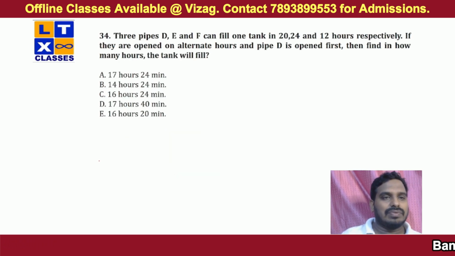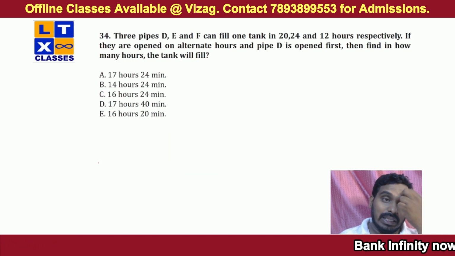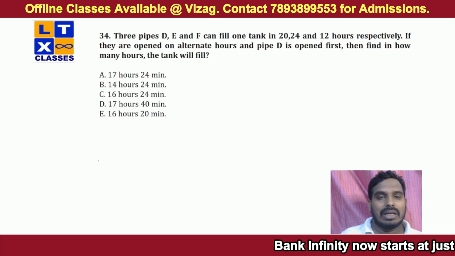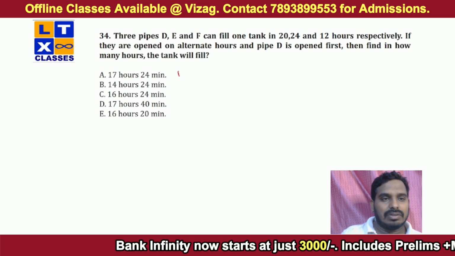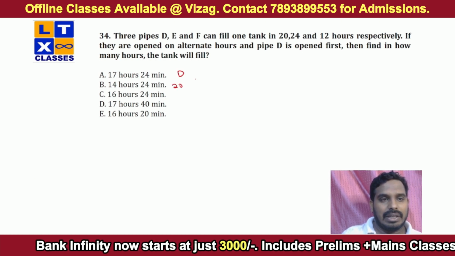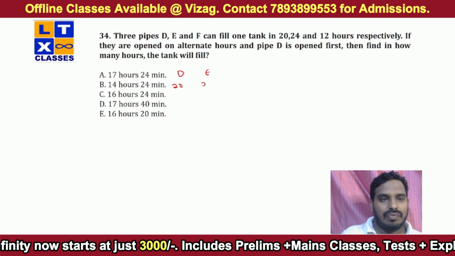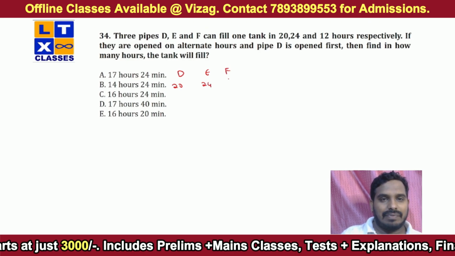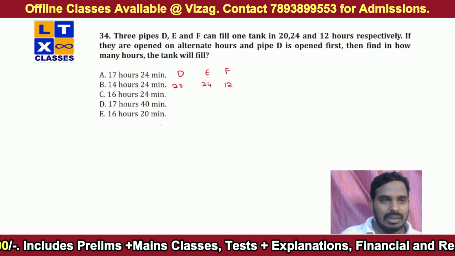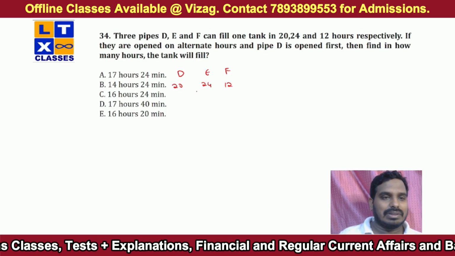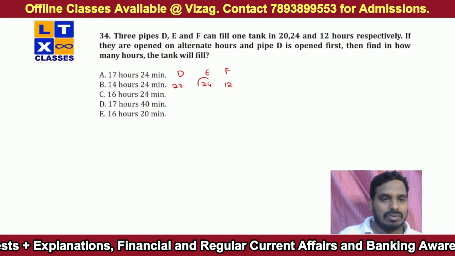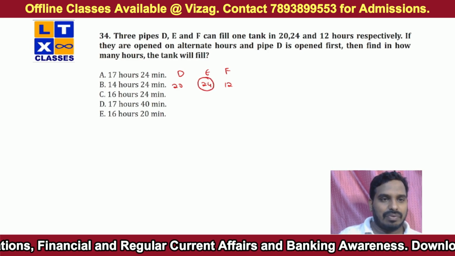Now moving on to the next one. Three pipes D, E and F can fill a tank in 20, 24 and 12 hours respectively. Okay. So this is D, 20, E, 24 and F, 12. If they are opened in alternate hours, okay, I'll find the LCM first. So the LCM would be equal to, the highest number is 24.